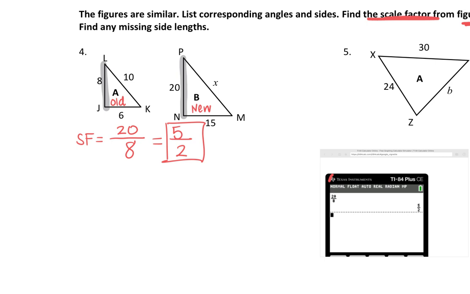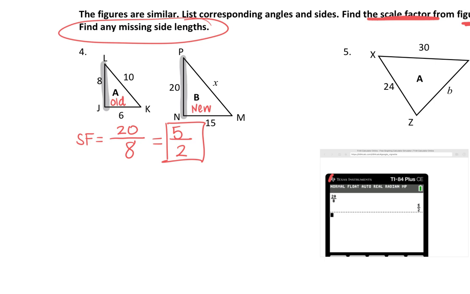There's something else that they told me to find. It says find any missing sides. I'm also going to show you how to do that. We've done this before, in Unit 2, where we formed proportions and solved for one of the missing proportion sides. So you'll see at first it's a little bit confusing.